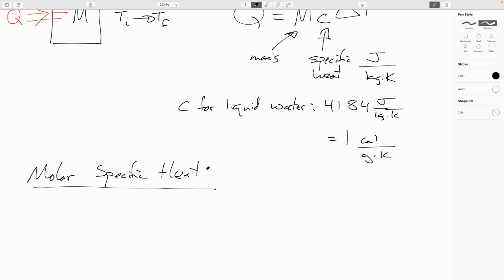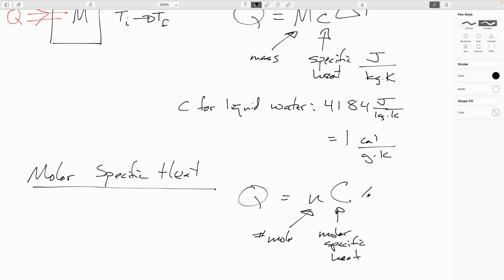So in that case, we would be saying that the heat transfer is equal to the number of moles times the molar specific heat, which is a capital C, times the change in temperature. So here, typical units are going to be joules per mole Kelvin.